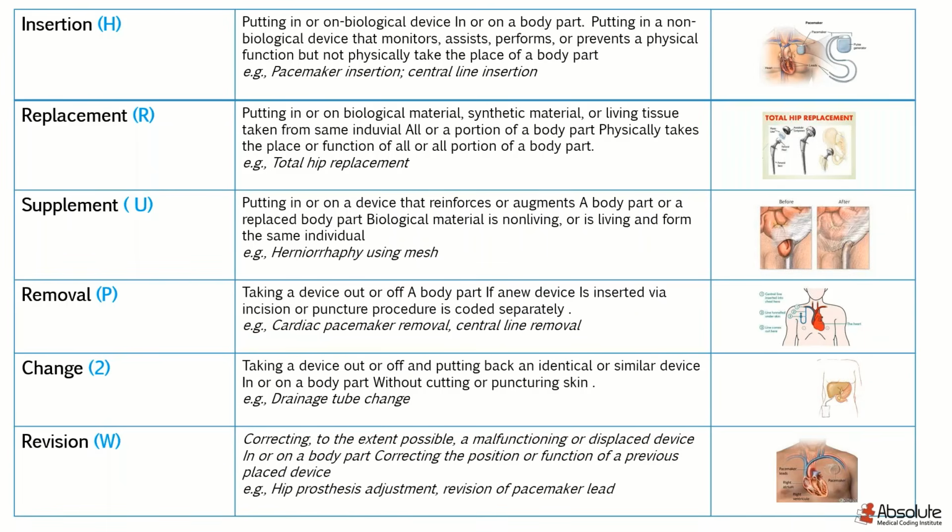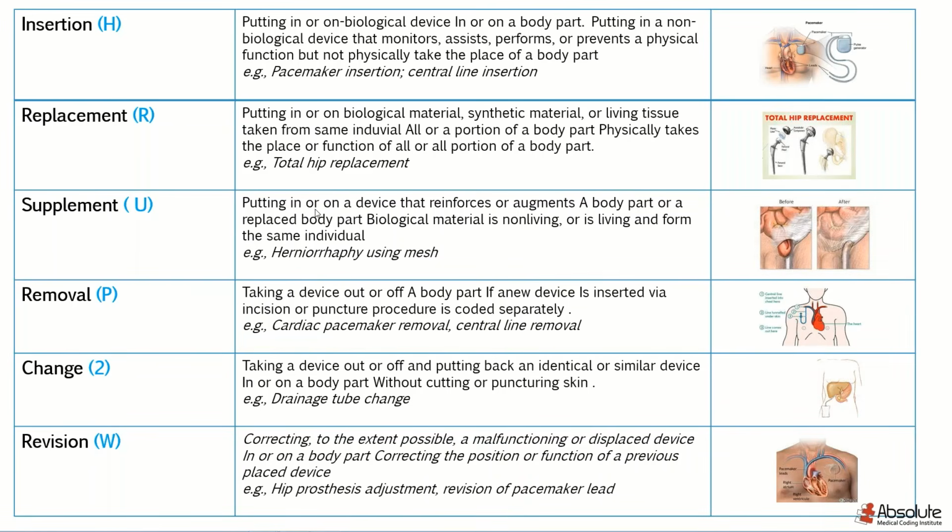Now, the next is supplement. Some people confuse the R with the U, the replacement with the supplement, but the difference is that the replacement takes the place of the function of all or a portion of the body part, whereas the supplement, value U, does not.